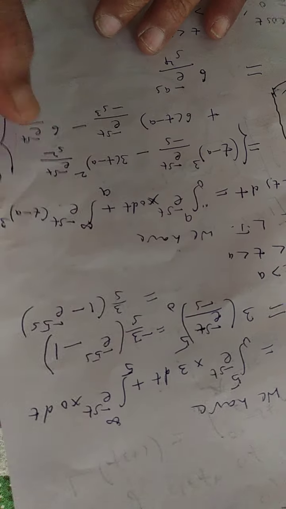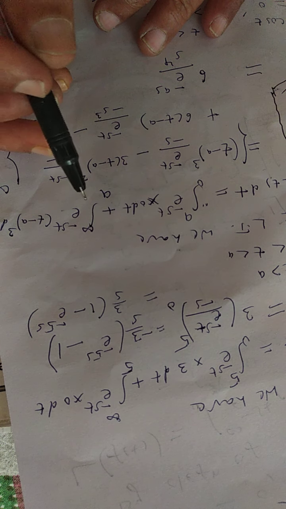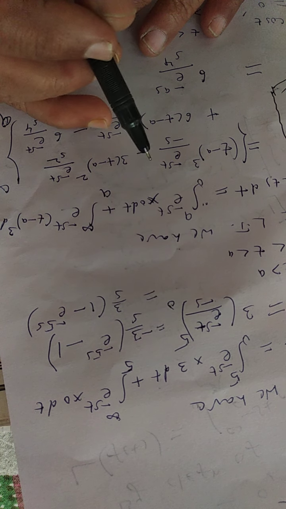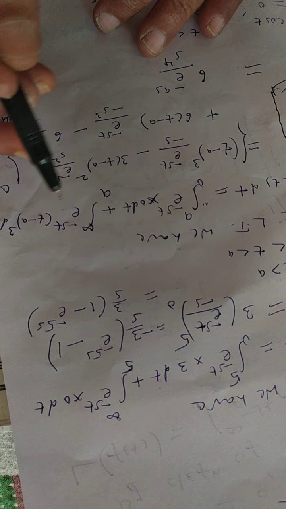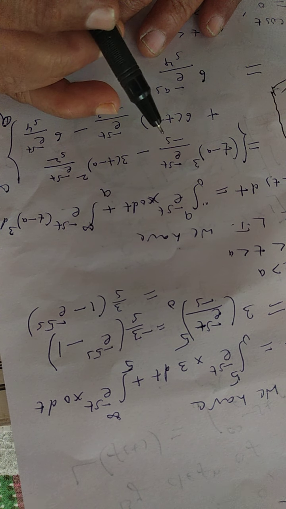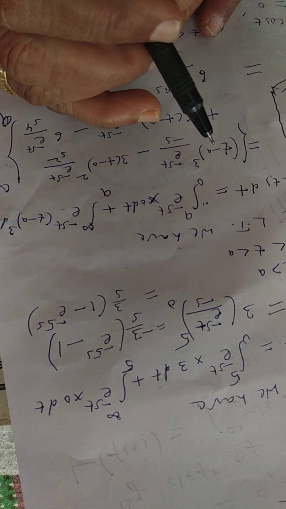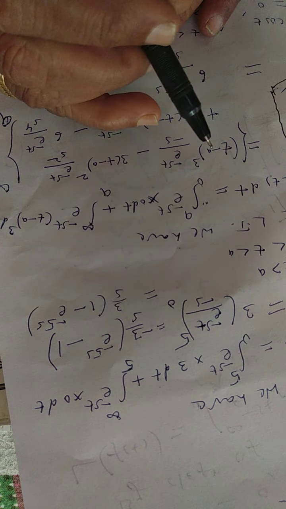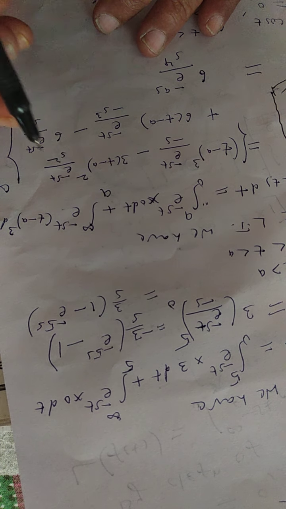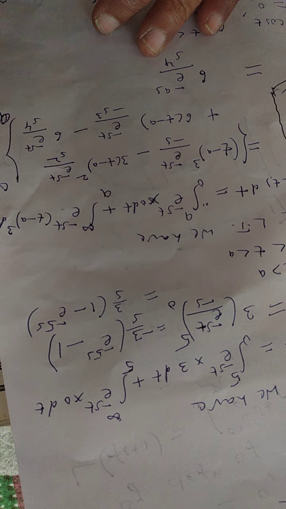So see here, (t minus a) whole cube is u and e raised to minus st is v. U into v1, where v1 is the integration of e raised to minus st, so e raised to minus st by minus s. Then minus u dash, where u dash means the derivative of (t minus a) whole cube, that is 3 into (t minus a) square, times e raised to minus st divided by s square.